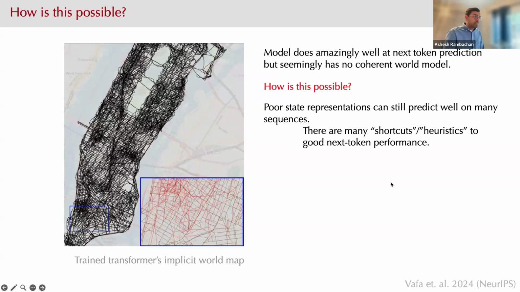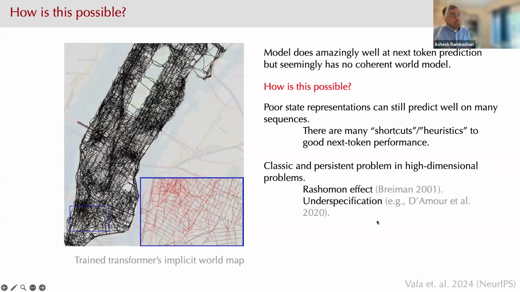In particular, this is what we think is an example of a classic and persistent problem in high-dimensional prediction, which Breiman called in the early 2000s the Rashomon effect, and which in the deep learning world has been relabeled as a type of underspecification. What do we mean? There are many ways in which you can perform well on some particular prediction task.